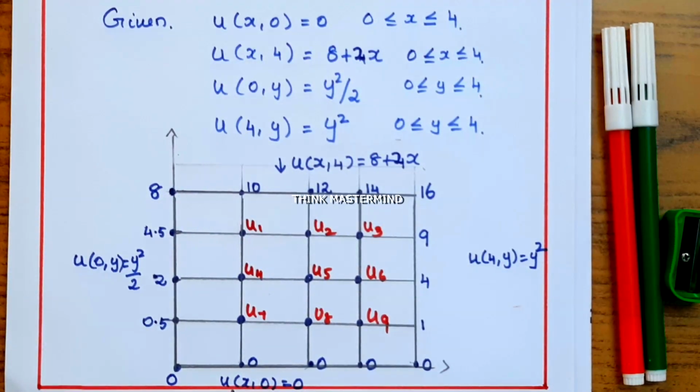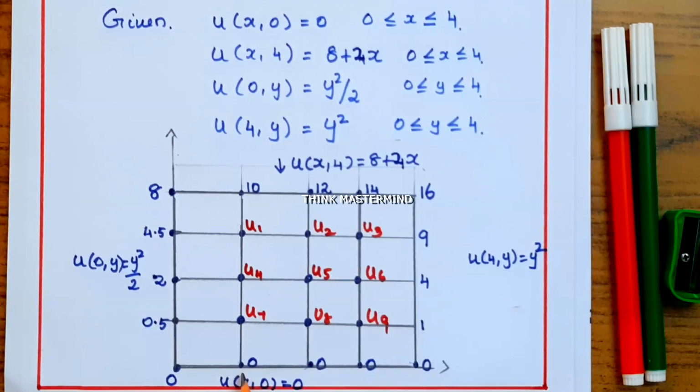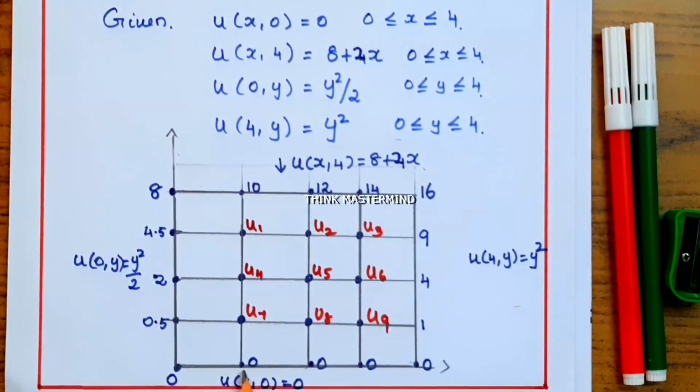Given the boundary condition u of x comma 0 is equal to 0, that is the u value at the point when x is equal to 1 and y is equal to 0, the u value is 0. Similarly, x is equal to 2 and y is 0, the u value is 0. x is equal to 3 and y is 0, that is the u value is 0.